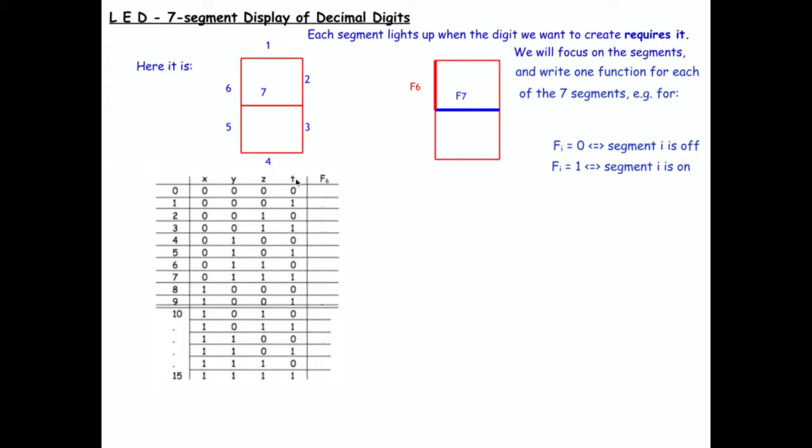It looks like I have 4 inputs here, x, y, z, and t. Why do I have 4? Why not 3? Because 0 can be represented with 3, or rather 1 can be represented with 3, 2. Why 4? Why not 3? Why not 5?